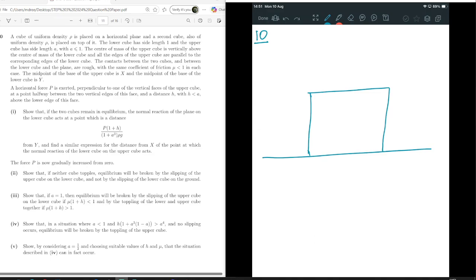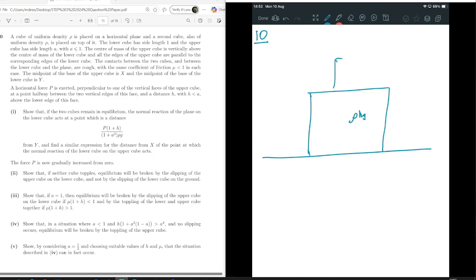The lower cube has side lengths of 1. So if it's got side lengths of 1, it's got a volume of 1, so its mass is just rho kilograms. And the upper cube has side lengths of A, so that'll be A cubed rho for its mass. The centre of mass of the upper cube is vertically above the centre of mass of the lower cube.